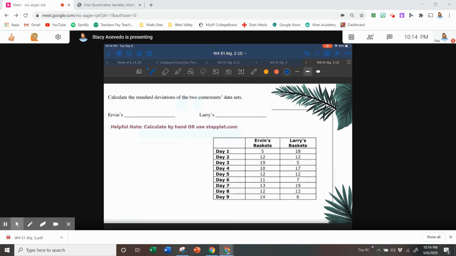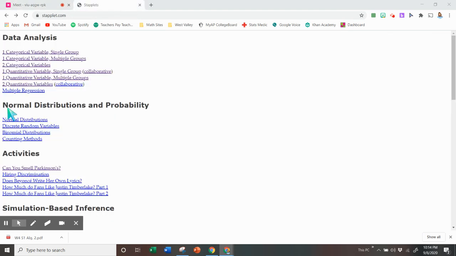Calculate the standard deviations of the two contestants' data sets. Go ahead and do that using your technology, or you can do it by hand. We're going to go to one quantitative variable single group in Stapplet.com.